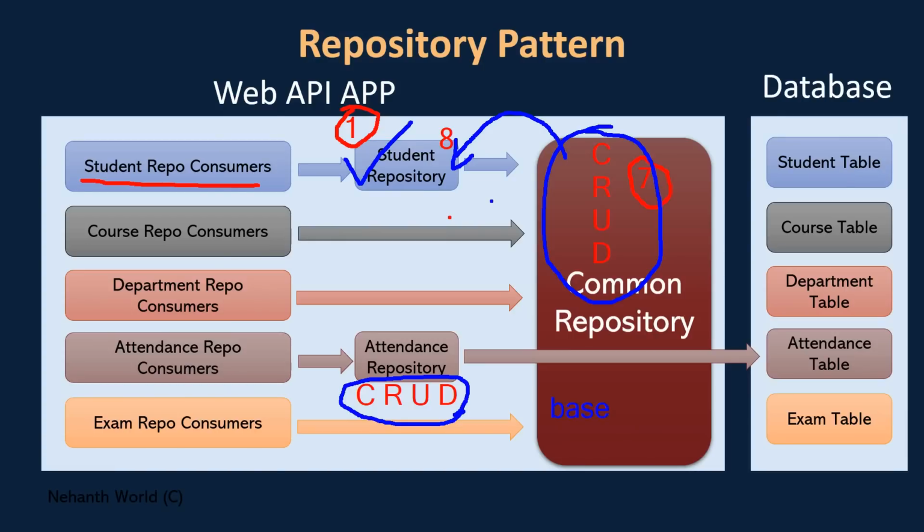This is the correct way of using it, and this one is also a correct way: if there is no table specific functionality, you can directly consume the common repository. If you write everything inside your table specific repository, that's not a good idea. Follow these two scenarios. Don't implement this one.